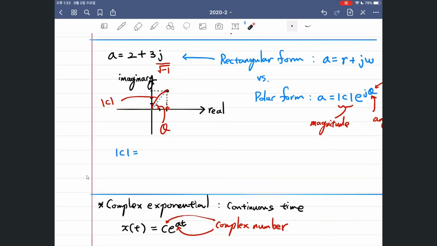Then C can be obtained by using the right triangle formula. So this is the square root of R squared plus omega squared.